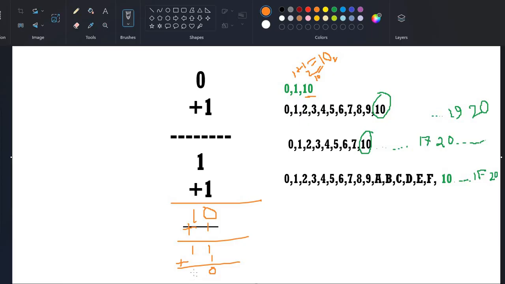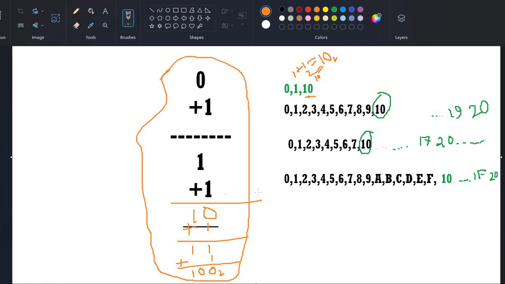Then 1 plus 1 again is 1 0. So we get 1 0 0 in base 2. This is how we add two binary numbers. This will be very important and required in order to solve the other problems.